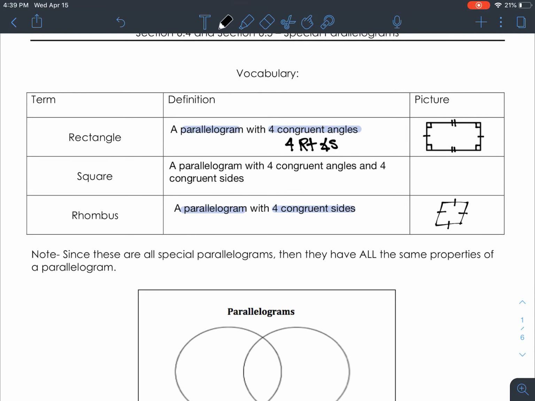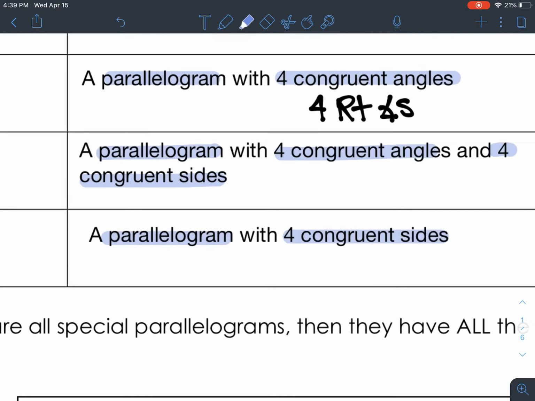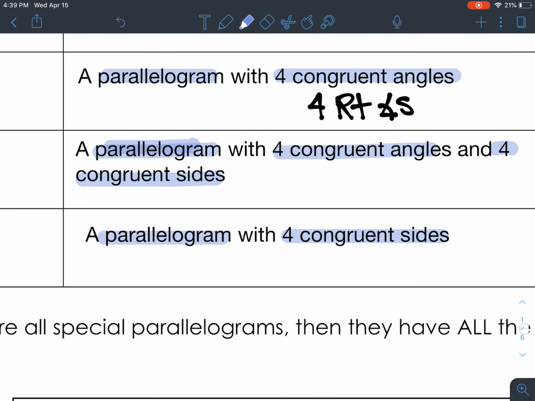Now, there's a reason why I wanted you guys to go rectangle, rhombus, and then square, and that's because the square has the most special properties. A square is a parallelogram that has 4 congruent angles and 4 congruent sides. Let's break this down. The fact that it's a parallelogram with 4 congruent angles means that it has to be a rectangle. But the fact that it's a parallelogram with 4 congruent sides means that it has to be a rhombus.